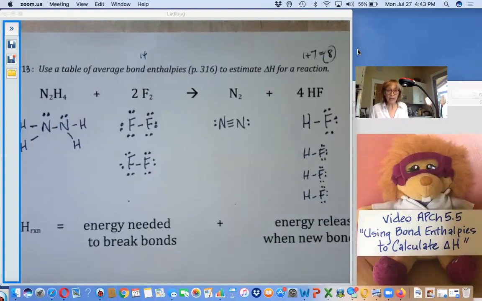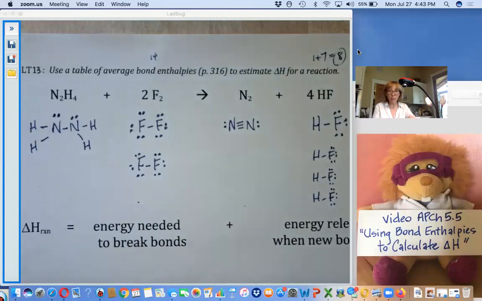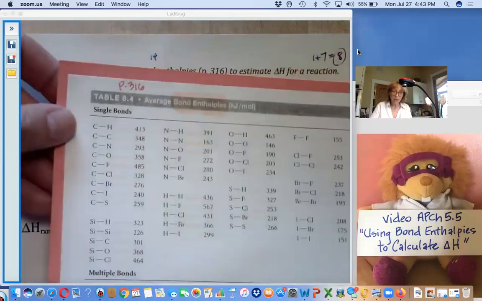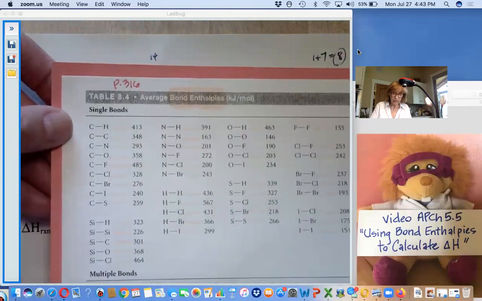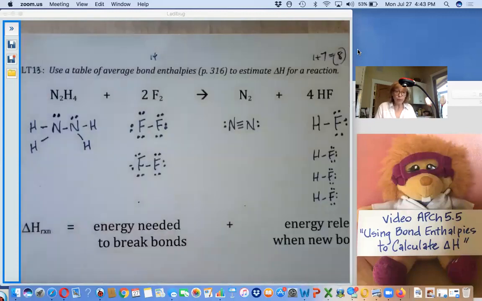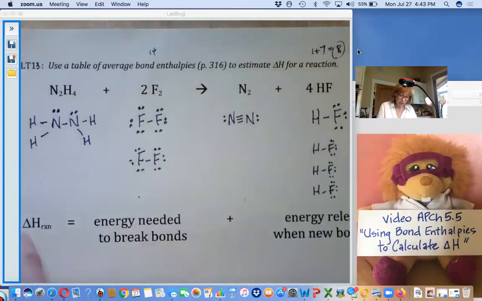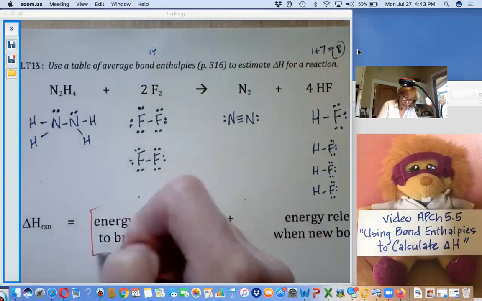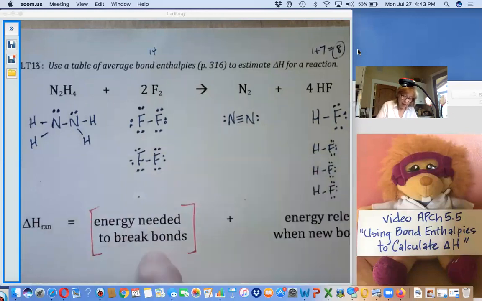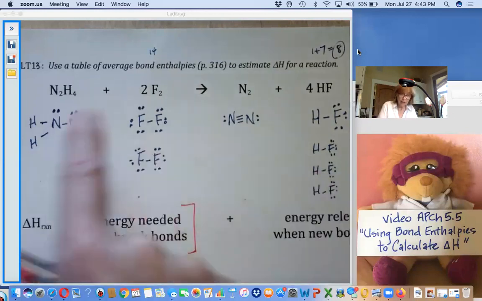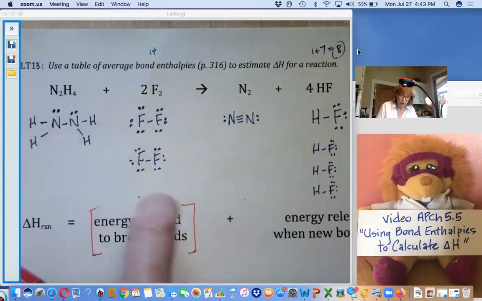Those are going to help me find the correct bond enthalpies on my table on page 316. Okay, remember, the equation tells us that the enthalpy change is equal to the energy needed to break bonds. So for that sum, I'm going to be looking at my reactants and breaking all the bonds.